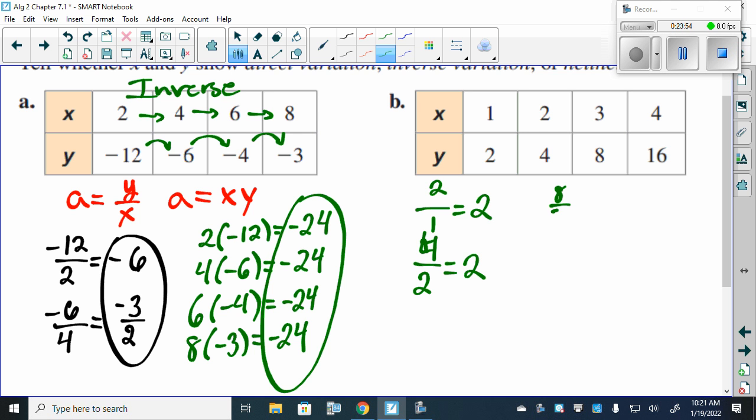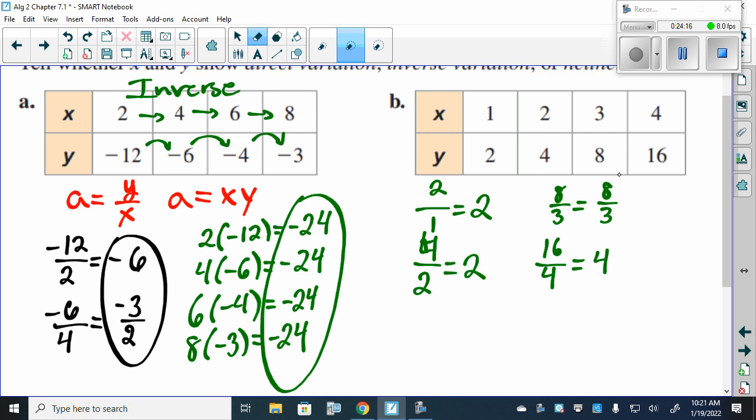So 8 divided by 3 is 8/3. And let's just do one more. 16 divided by 4 is 4. This here is not direct. Yes? So it's not direct.